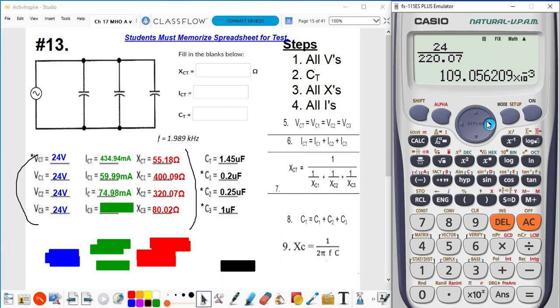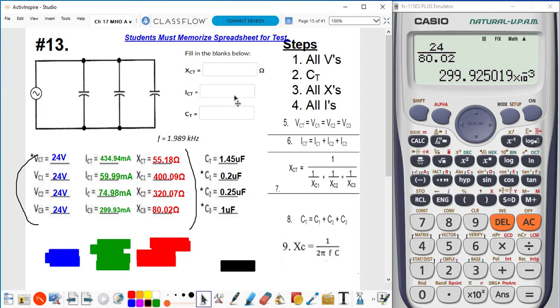I punched in the wrong number. Let me change this to 320. Alright, 74.98 milliamps. And we'll do 24 volts divided by 80.02 gives me 299.93 milliamps. And then here are the values you asked for on the assignment on your Canvas page.